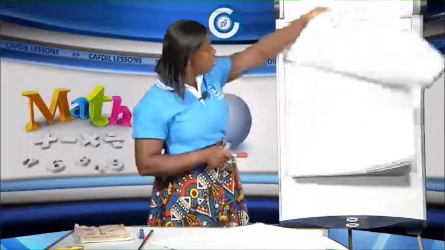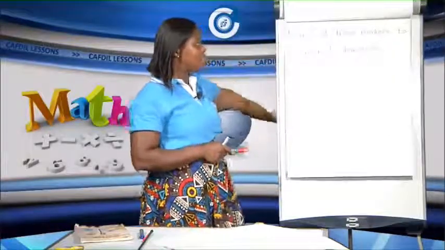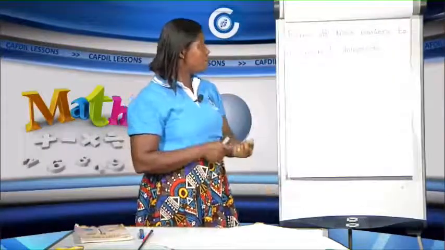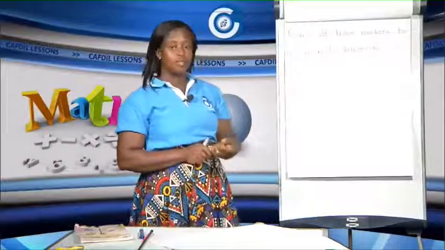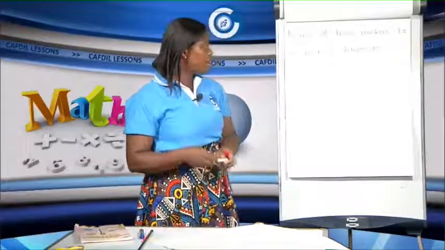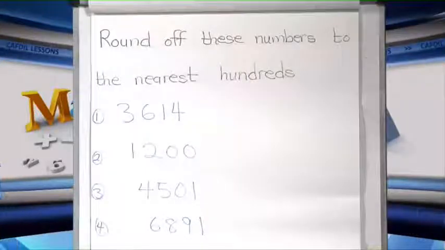Now we move on to the nearest hundreds. Round up the numbers to the nearest hundreds. And we have 3,614 to the nearest hundreds.